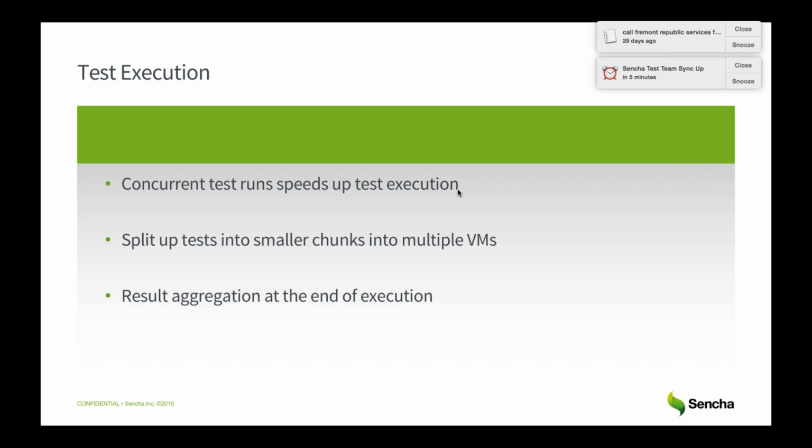And how we run test cases in Sencha is we do concurrent VMs, as we said, but we also split up test cases into multiple chunks. So for example, if you're running IE11, which is kind of slower as compared to other modern browsers, but a lot of customers do use IE11, so we run a tremendous amount of test cases on IE11.